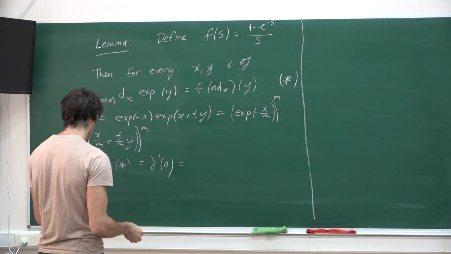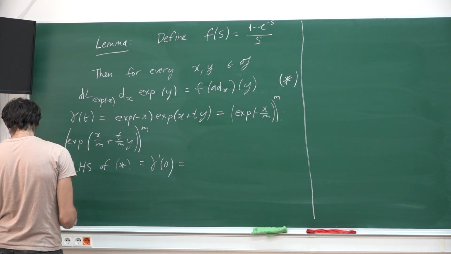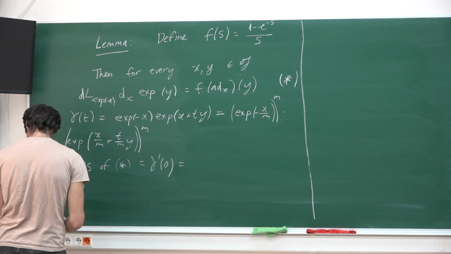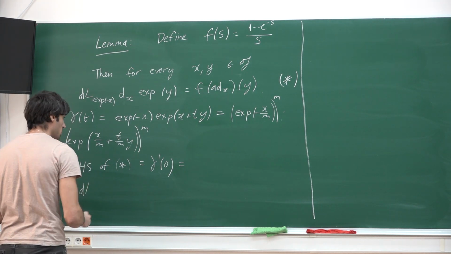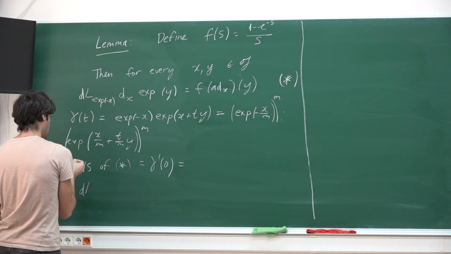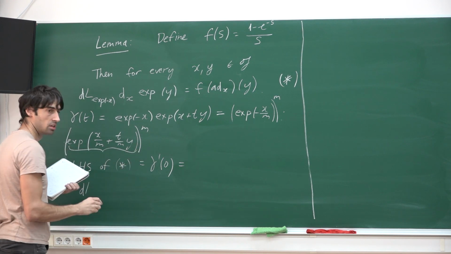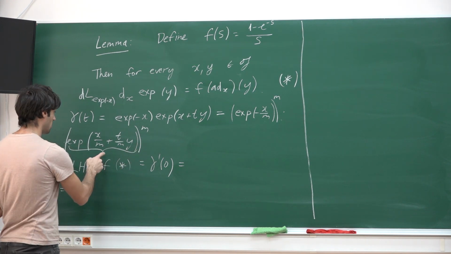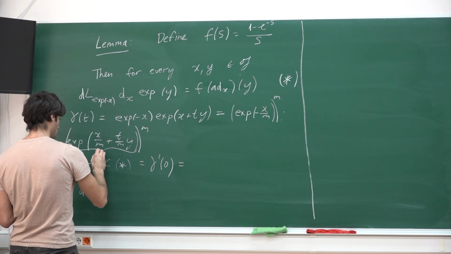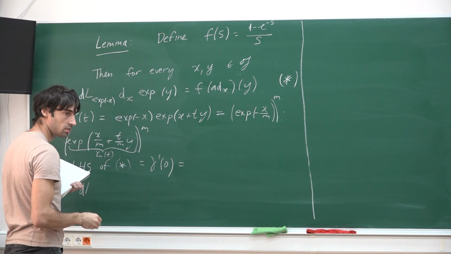Let me write this down. This is also some curve in G, so let me denote it as gamma m of t, just a notation.